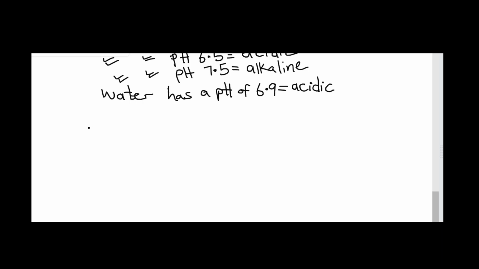We'll use something called an indicator. Okay, so the indicator will give us a color change, and that tells us whether it's an acid or an alkali. Now, a universal indicator is often used. Okay, universal indicator can be in a paper form or solution form.